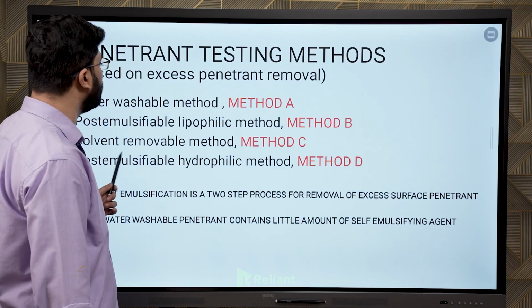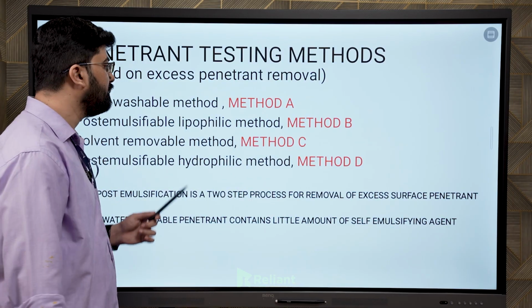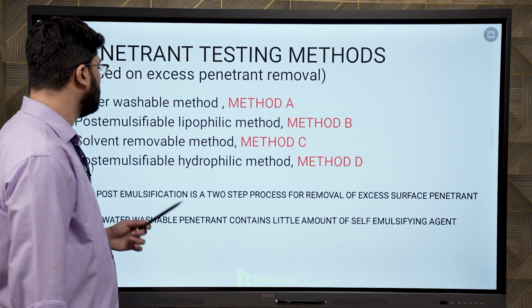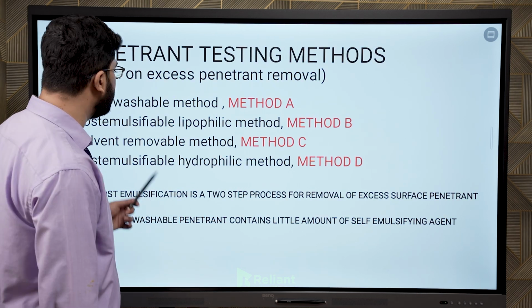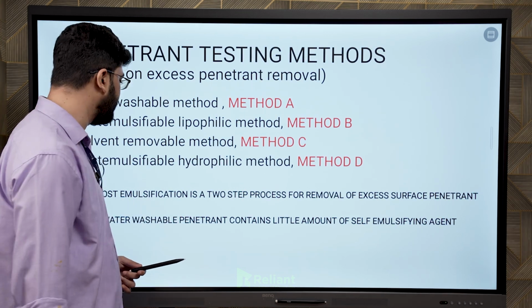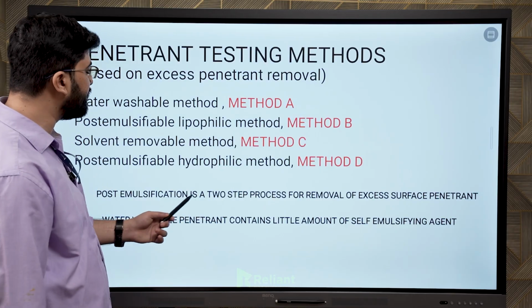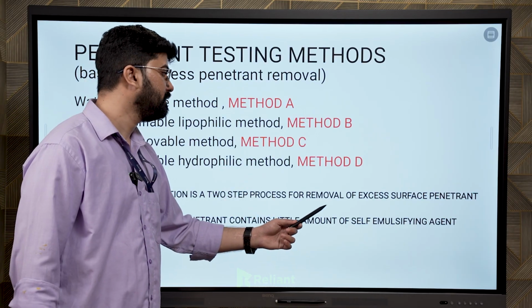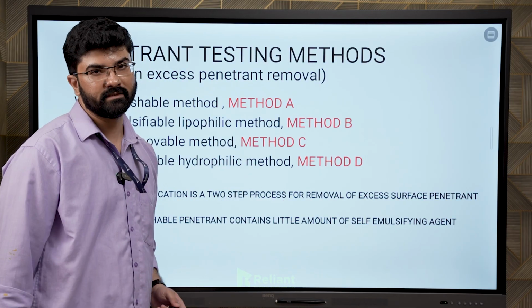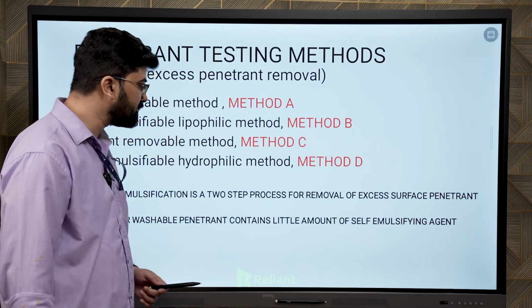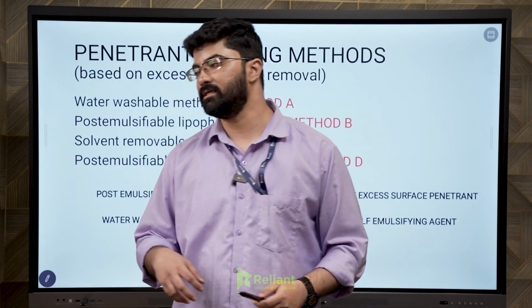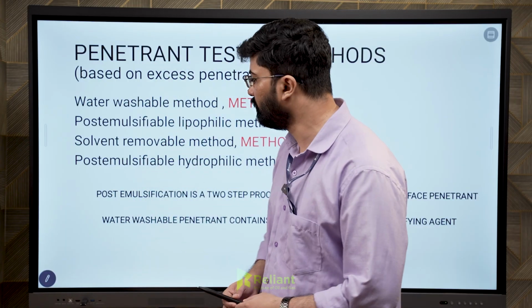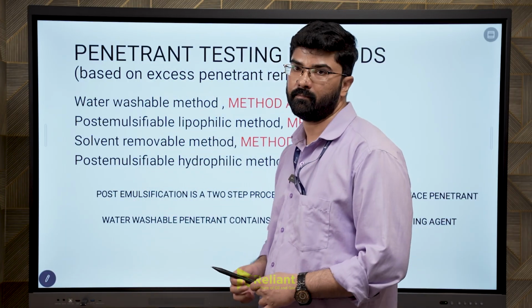Then method C, solvent removable, which is very common, we have already covered it on YouTube. Then hydrophilic water based emulsifier used for the post emulsification technique. The post emulsification technique is a two-step process to remove the excess penetrant, while the water washable penetrant itself contains a self emulsifying agent, so it can easily be removed by rinsing in water.